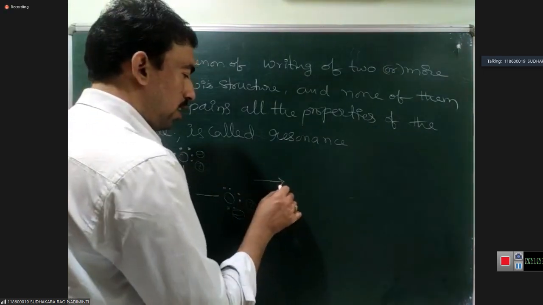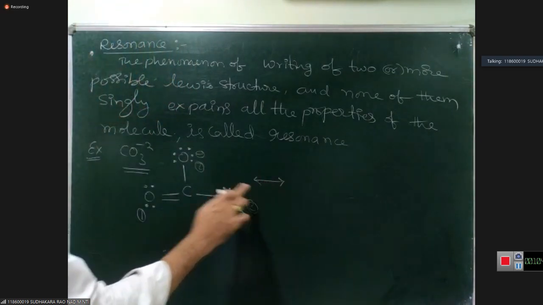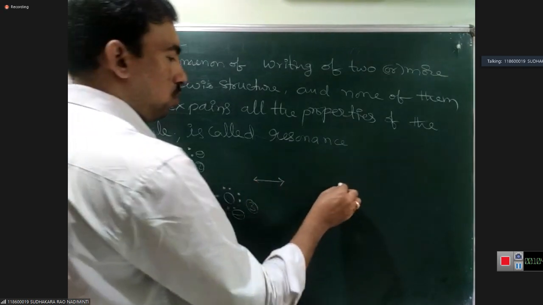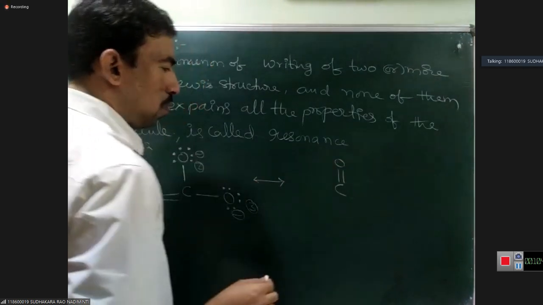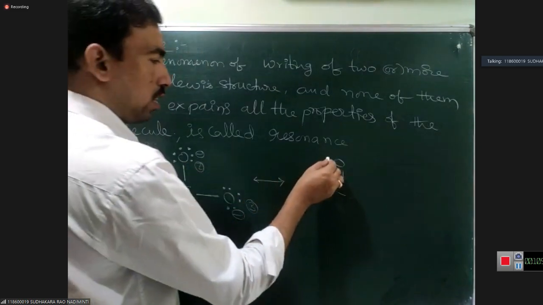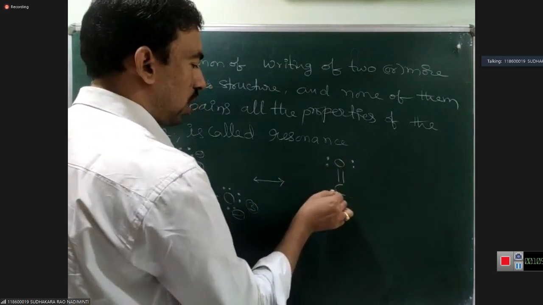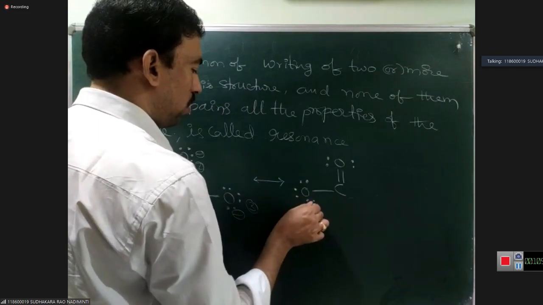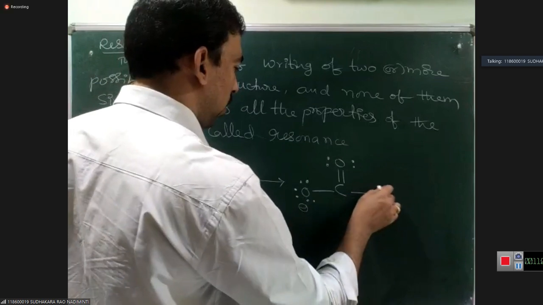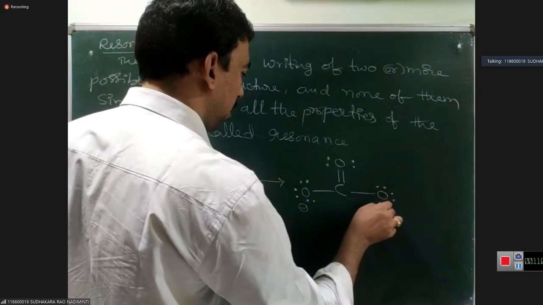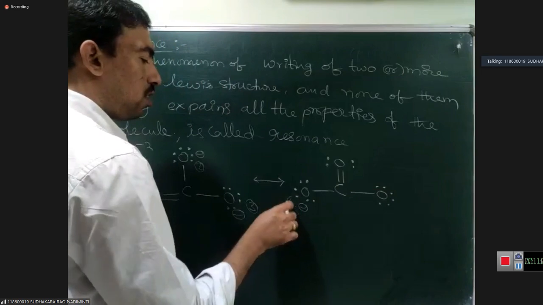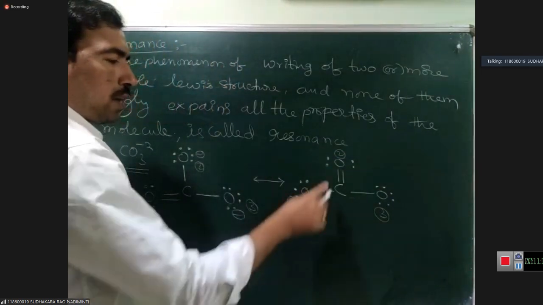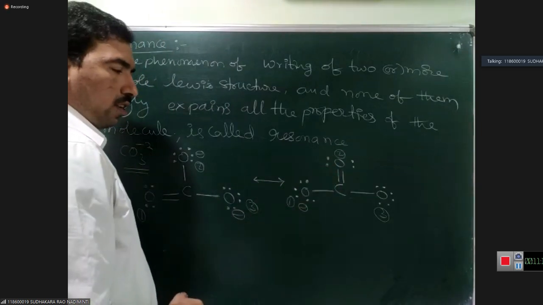Now, resonance structures can be represented with this kind of arrow mark. Next time I would like to write the double bond at the second oxygen, and the first oxygen I would take as a single bond oxygen with negative charge, and this one is as usual. So now I am writing the double bond with the second oxygen.